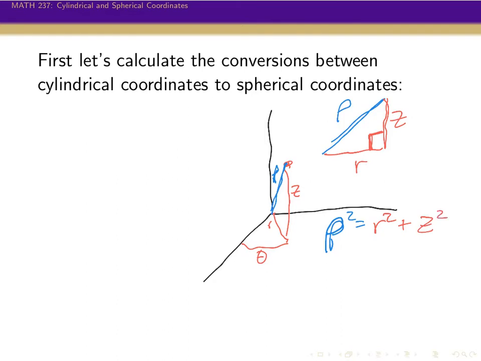So rho is going to be the square root of r squared plus z squared. And then we can rewrite this triangle and copy this r right there. So really I'm drawing this r back to the z-axis. The reason I'm doing that is because the angle phi is this angle right here on that right triangle. So there's our phi.